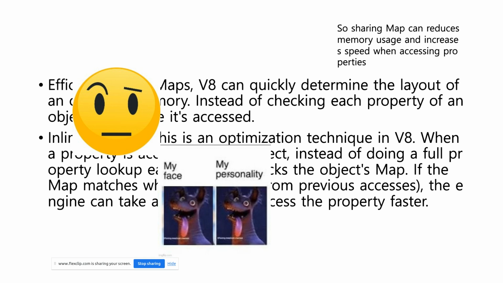I'm just making this up to make it easy to understand. When it looks at the face, it thinks, oh, the personality might be like this, and it assesses through that. The face is the shape, or map, and the personality is the property.